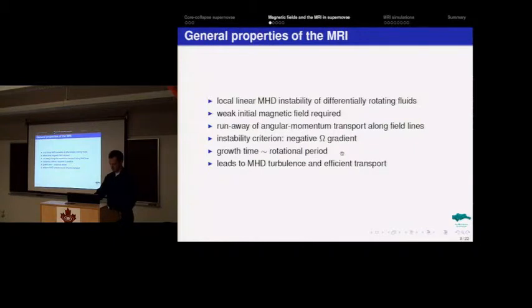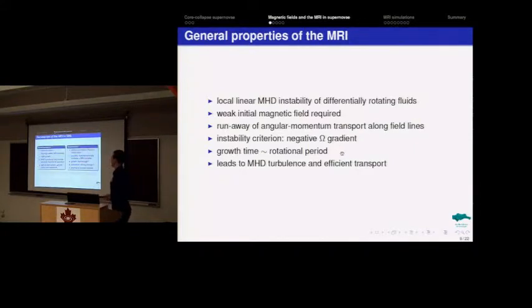The growth time, if the instability criterion is fulfilled, is roughly the rotational period. And for example, in accretion disks, it's important that the MRI leads to MHD turbulence and efficient transport of angular momentum, enabling accretion onto the central object.